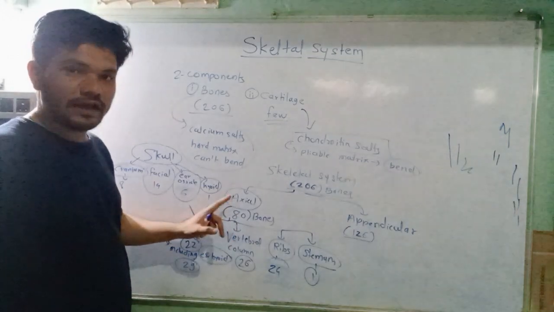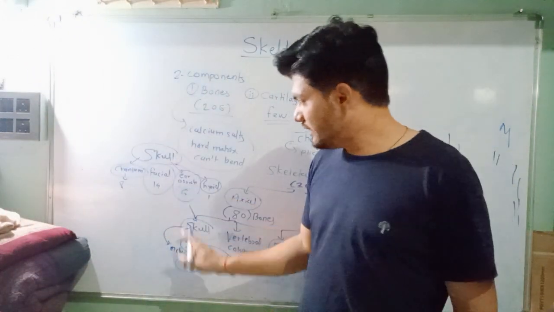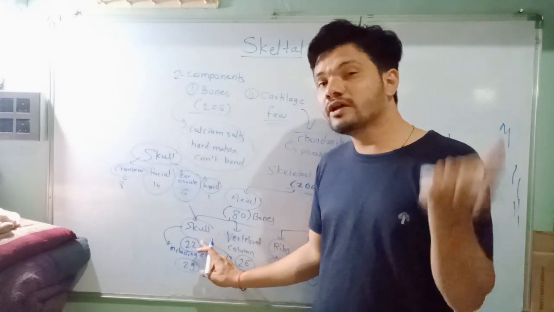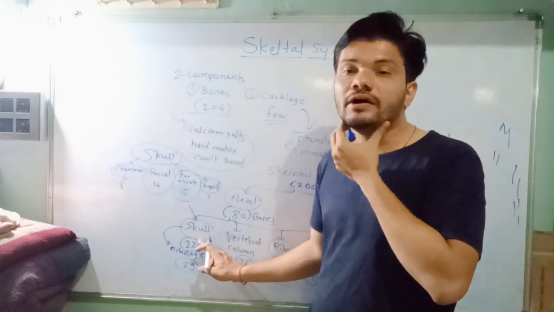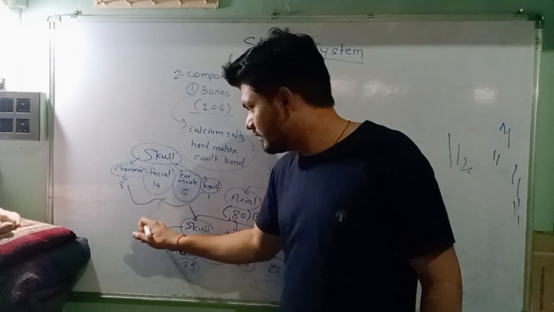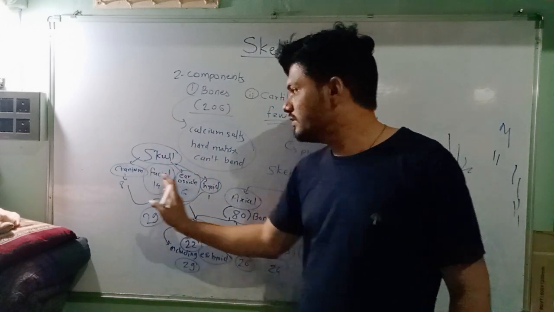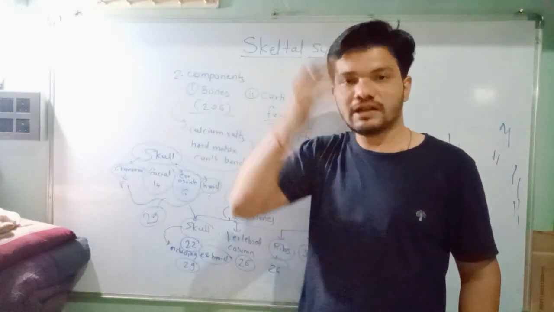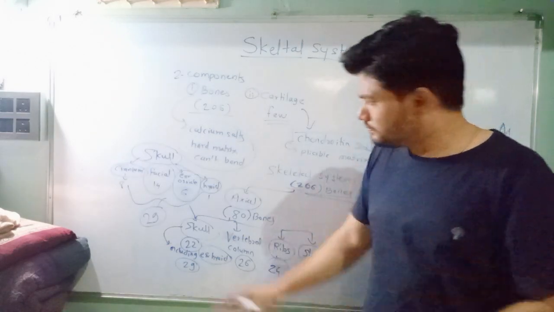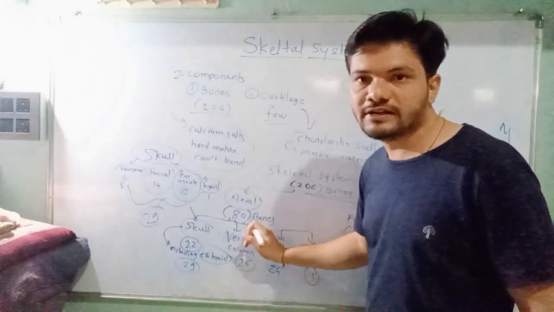So 80 bones in your axial skeleton. But just remember, NCERT in skull has given 22, excluding your ear ossicles and hyoid. But if you include your ear ossicles and hyoid, skull will contain 29 bones. Total there are 80 bones in your axial skeleton.